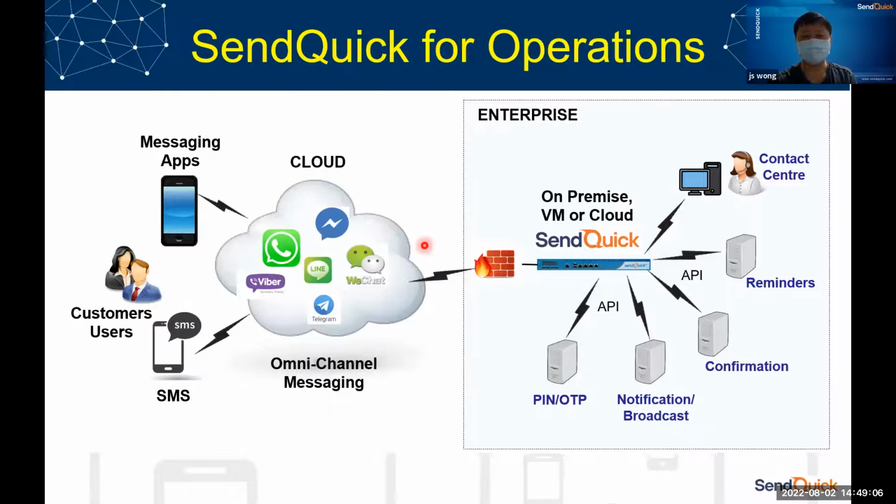Okay, and for operations, SendQuick gives you the option of using it for different applications. It can be for the contact center, like I mentioned just now, for your customer services, for omni-channel engagement. It can be for appointment reminders, confirmation, broadcast, OTP, and so on.